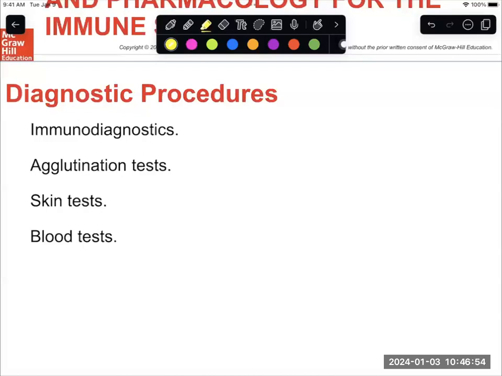You can also do blood tests to detect IgE antibodies in the blood. The problem is, if you take allergy medicine, you still need to get off your allergy medicine to do most of these blood tests because those allergy medicines are depressing those immune responses.